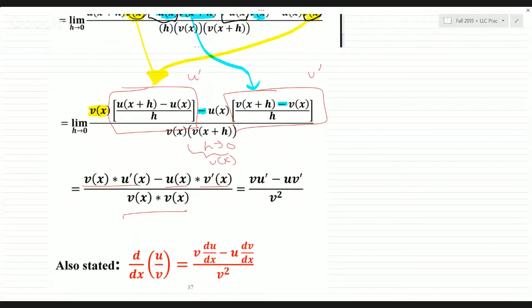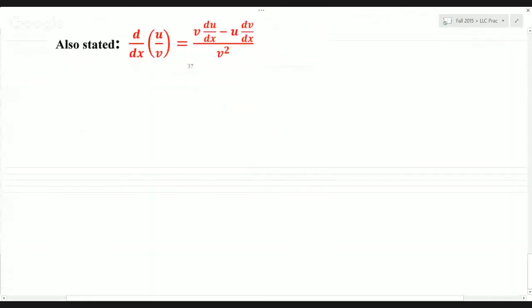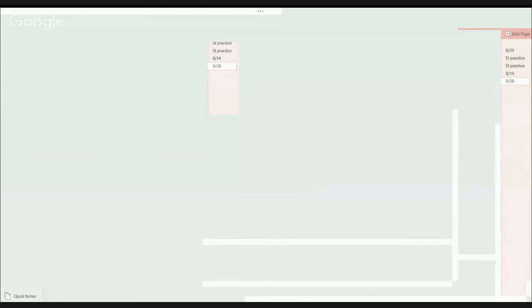So we're done with this, right? Yes, okay. So let's go over the power rule, which is a bit more confusing. Here it is.